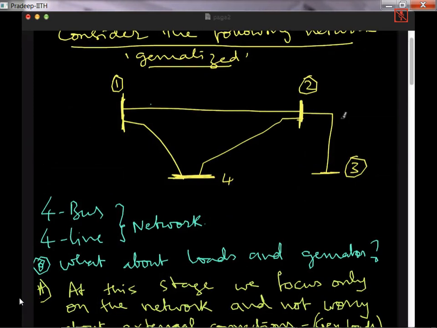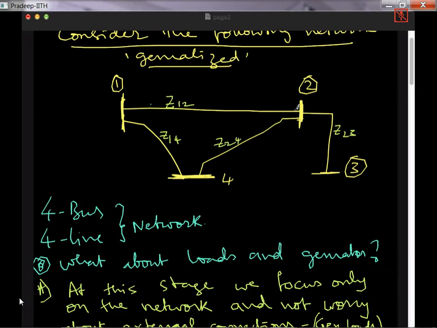Let me write down the parameters also. Here Z12 is the per unit impedance of the line going from 1 to 2, and this one is Z24, and this is Z14, and this is Z23. These values are all per unit impedances of the transmission lines. You know how to calculate the per unit impedance.